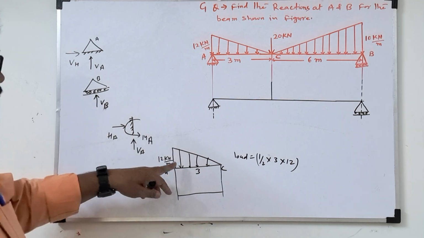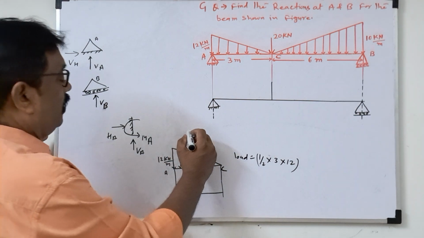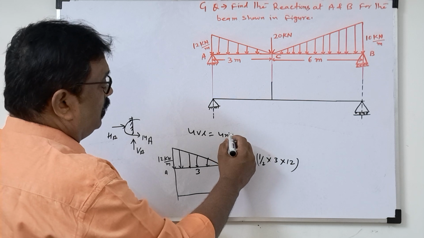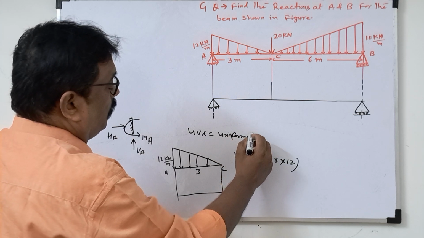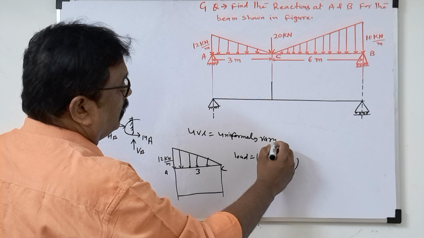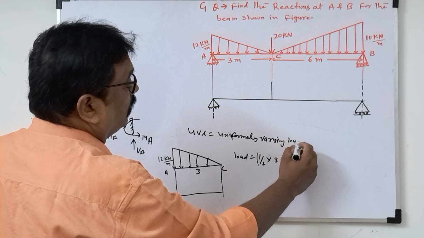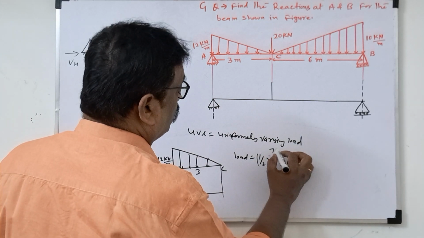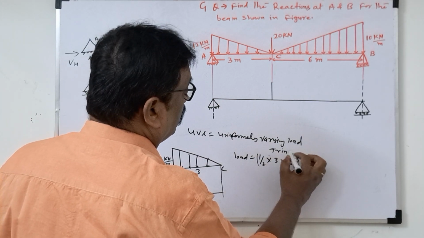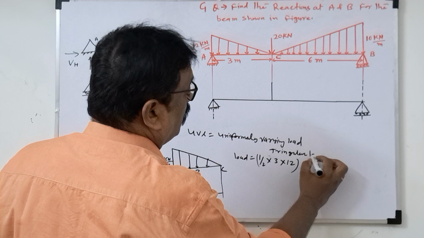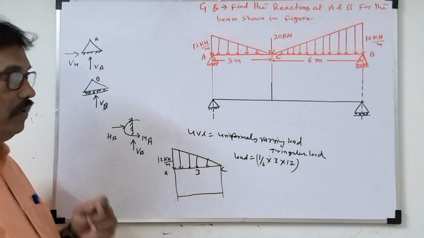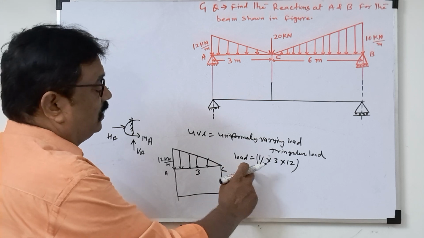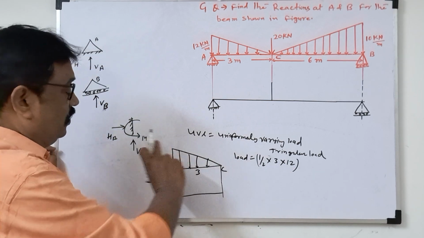That's why this UVL, uniformly varying load, is also known as triangular load. So how to convert the load? It is the area of the triangle, 1 by 2 into base into height.